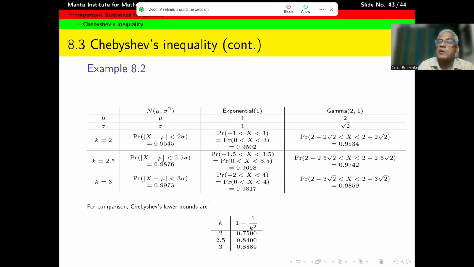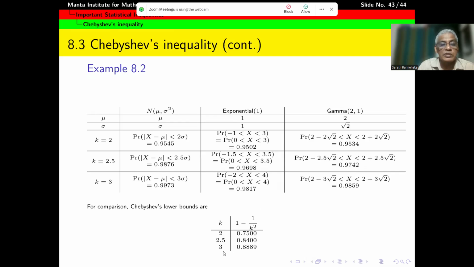Actual probability is 0.98. So Chebyshev's inequality says that the probability that |x minus mu| is less than or equal to 2.5 sigma should be greater than or equal to 0.84, and we see that the actual probability is greater than that value.